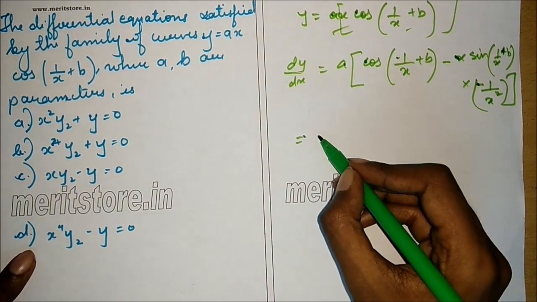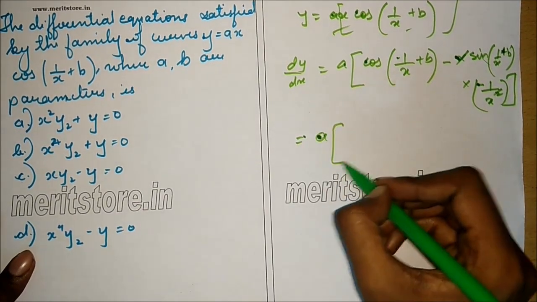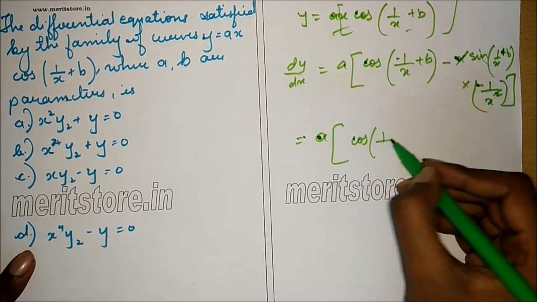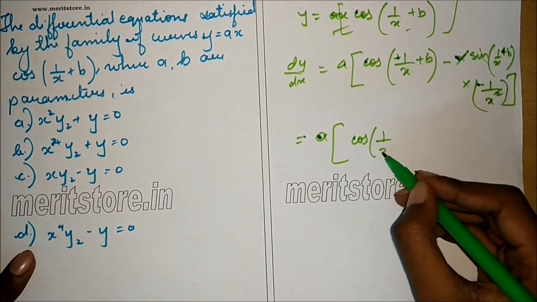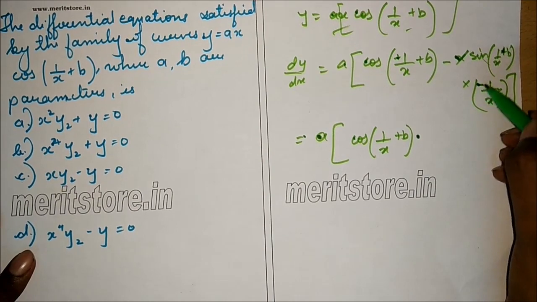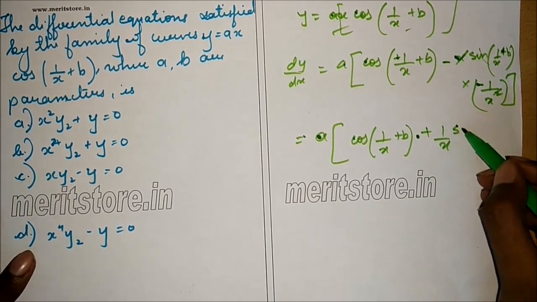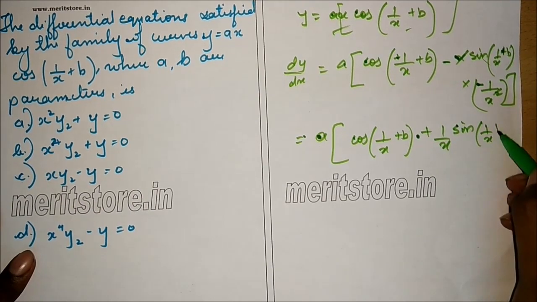The x gets cancelled. This will be a into cos of 1 by x plus b, minus into minus is plus, so plus 1 by x sine of 1 by x plus b.